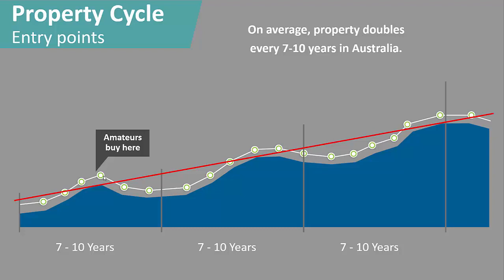So if you really want to maximise every possible component in your investment strategy, then it's so important that you combine any development activity with making sure you're buying in the right place at the right time in that particular cycle.